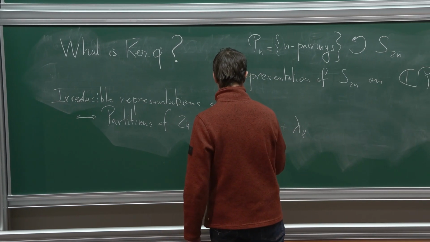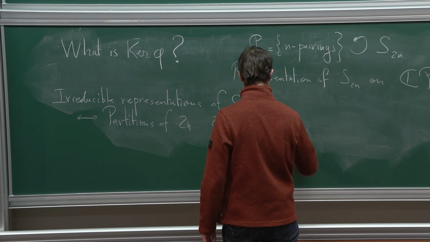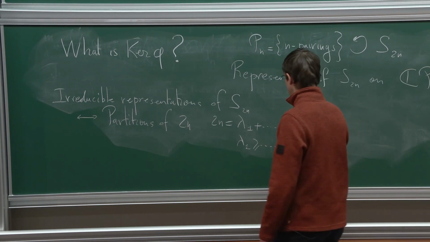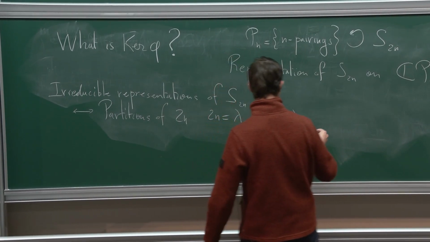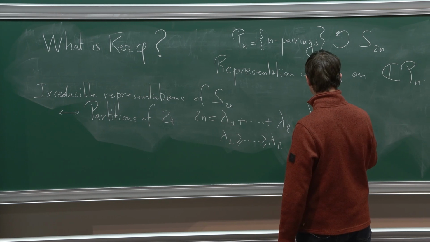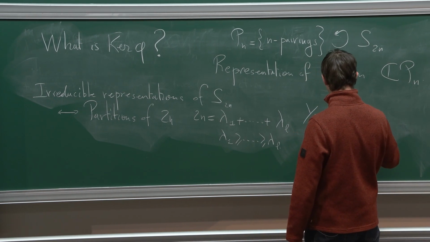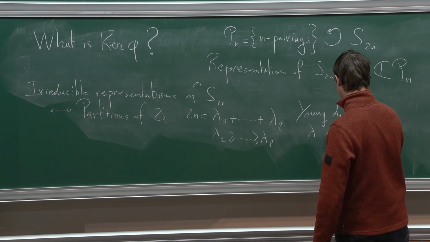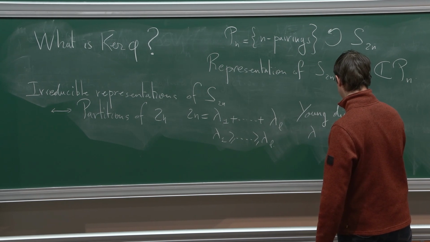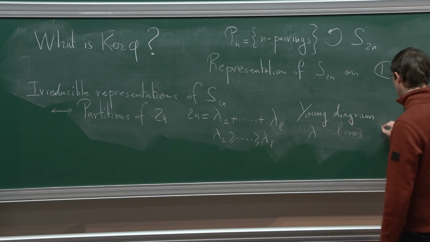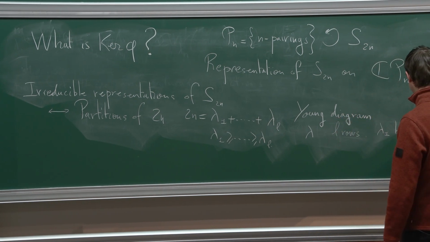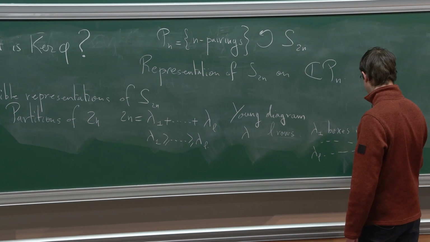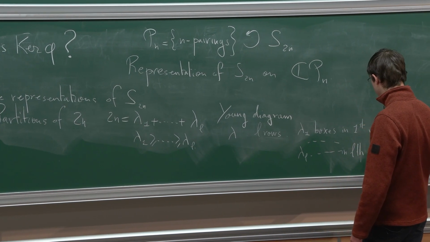So a partition of some integer into positive integers. And as usual, I can represent this partition by the corresponding Young diagram. So I will view lambda, some partition, as being the Young diagram with l rows and with lambda_1 boxes in the first row, ..., lambda_l boxes in the l-th row.